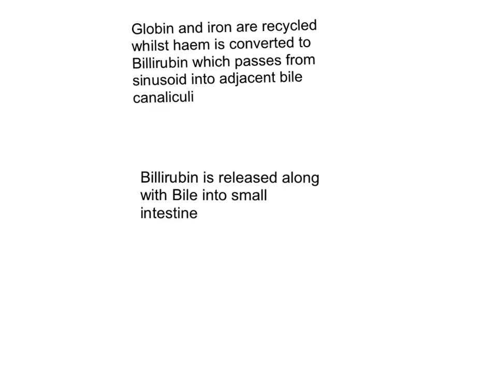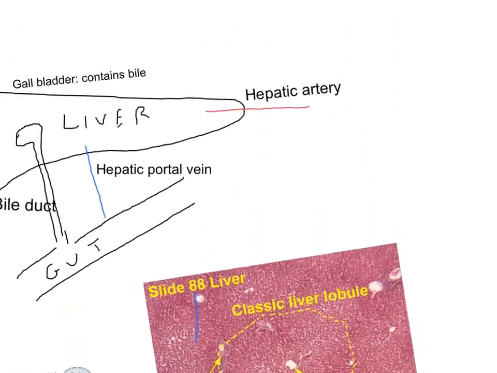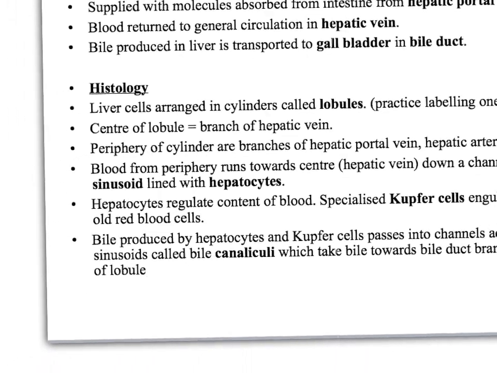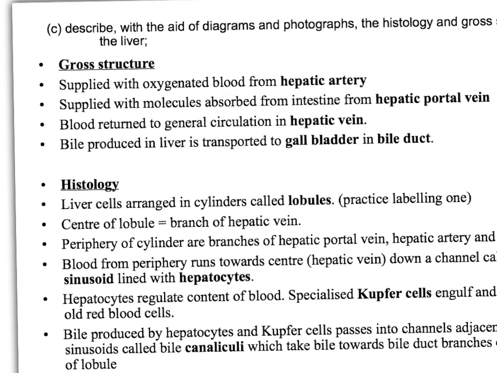And you break down millions of these red blood cells every day, so the activity of the Kupffer cells is very important. So just going back to the original slide here, which you have a copy of. That's in terms of the gross structure. Okay, so the key words that you need to realise what they actually mean.